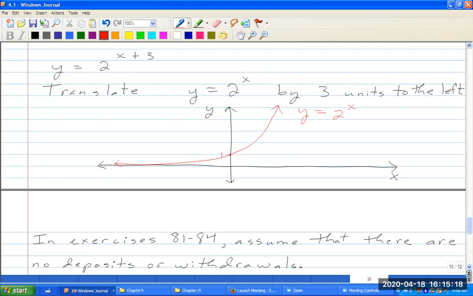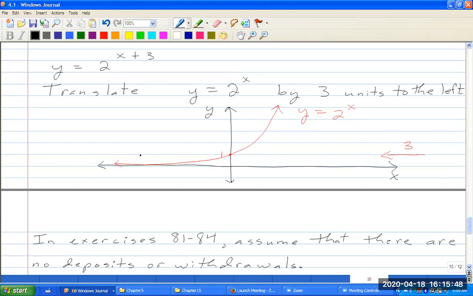And it has a horizontal asymptote of y equals 0. So now let's move this 3 units to the left.